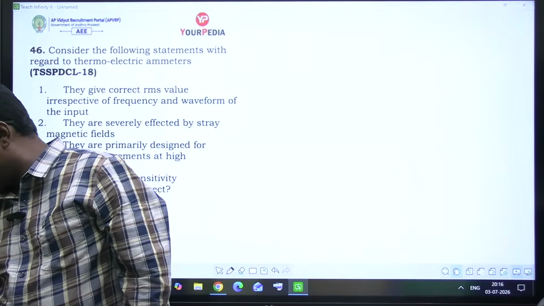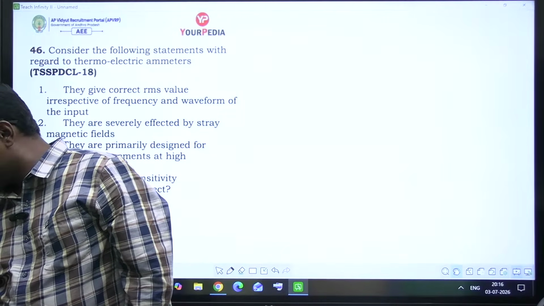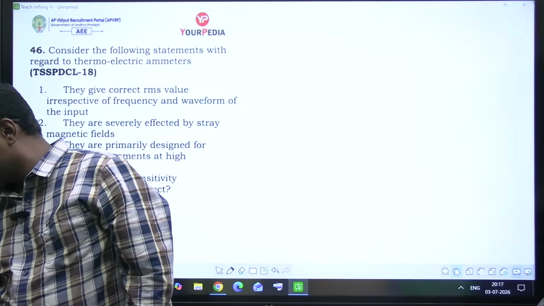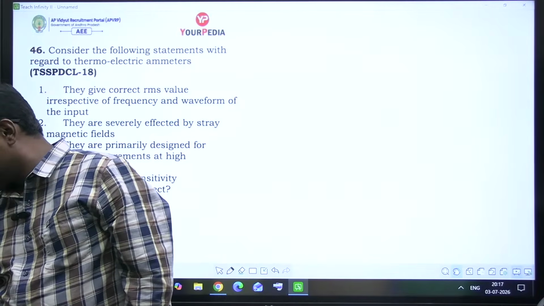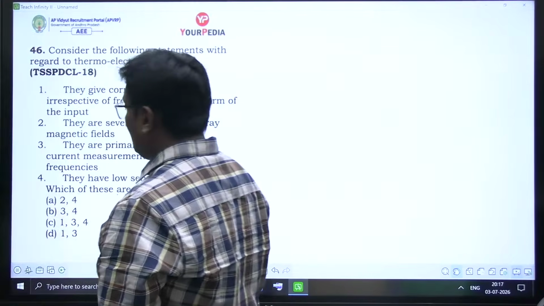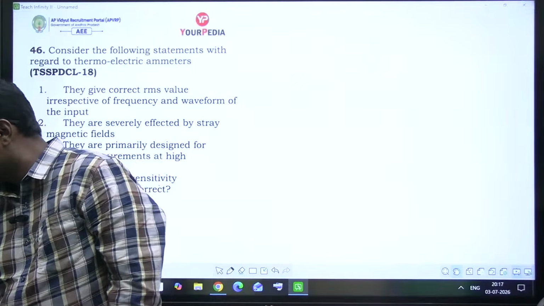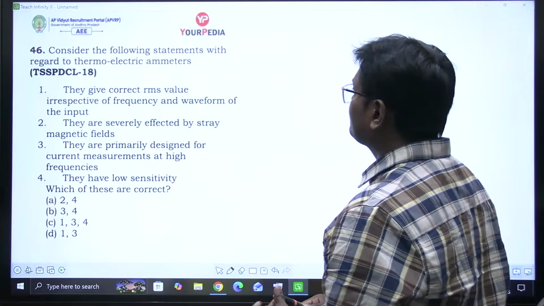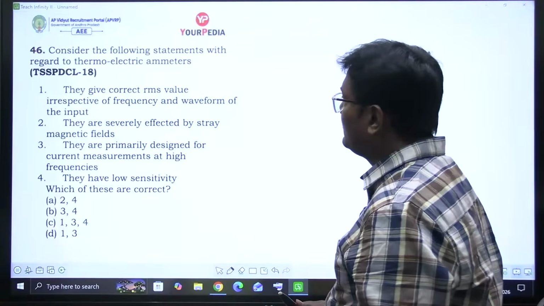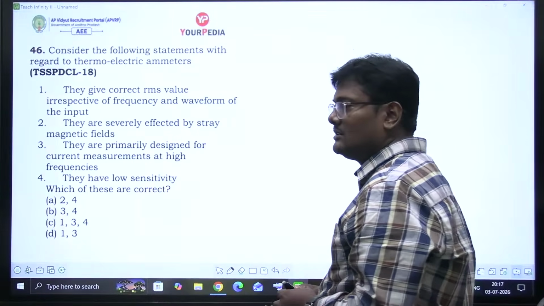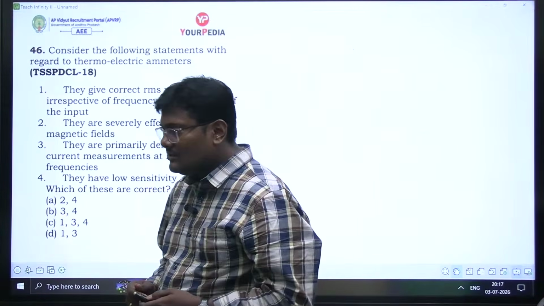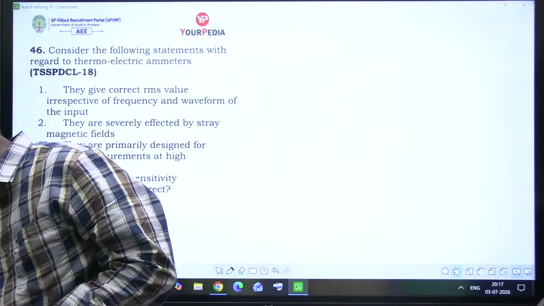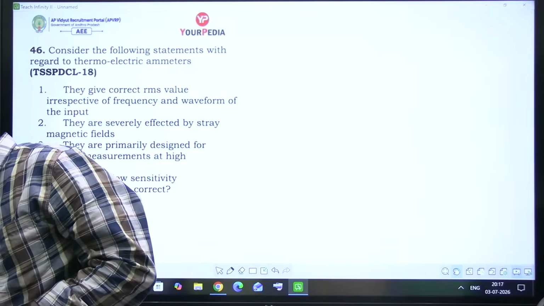Yes, tell me. If the frequency varies, RMS value also varies. No? If the frequency varies, RMS value also varies. No one is giving a reply. Why?